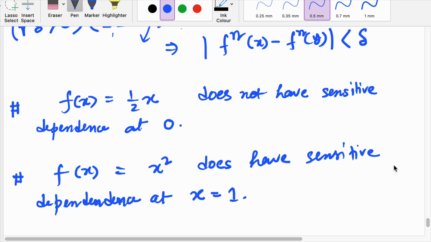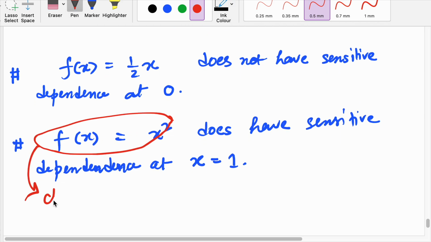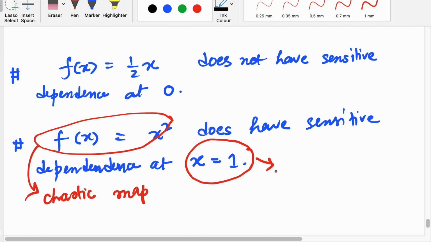Now why is this very interesting? Because this is not a chaotic map at all. However, we find that there exists a point in the map that has sensitivity at that point.